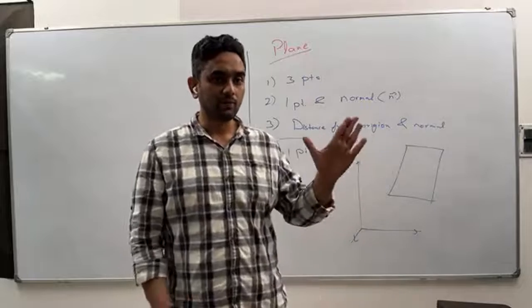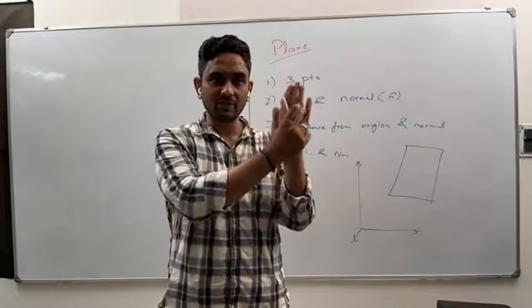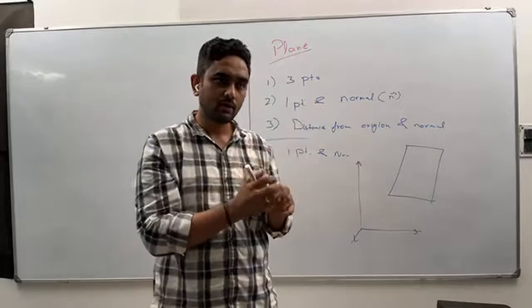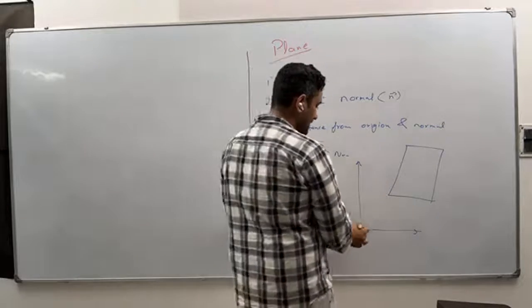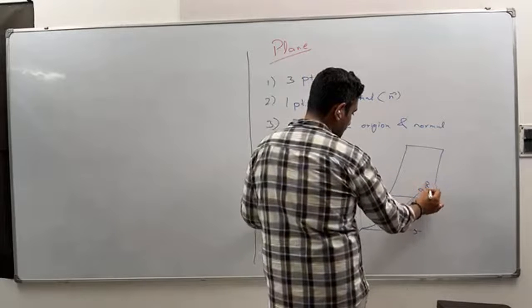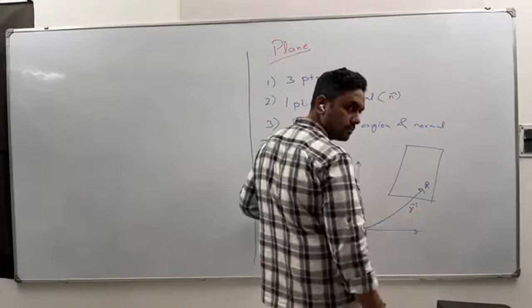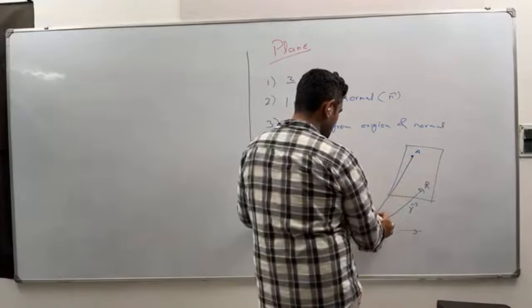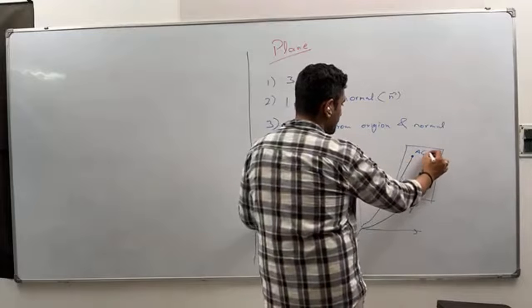In a plane there'll be infinitely many position vectors, so we'll take a random point R on the plane, with position vector R. Now we know a point A on the plane, with vector A.